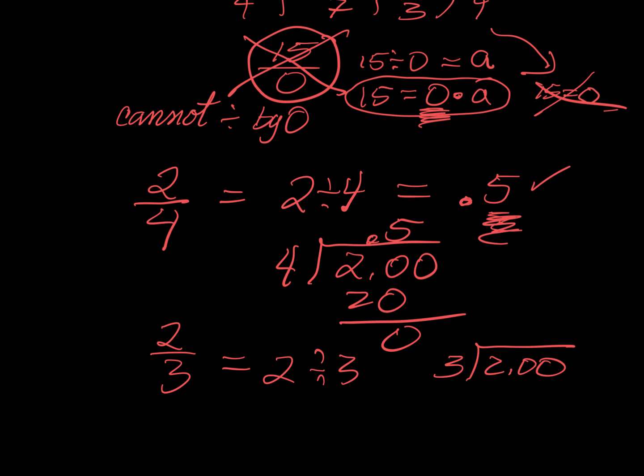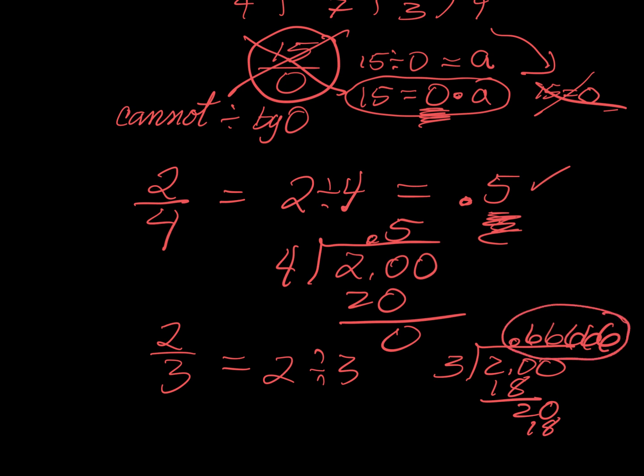If we start to do that, it goes into 20, 6 times. We have 2 left over. Bring down the 0 and we get 20. It goes 6 times. And we go on and on and on, and the same pattern happens, and we get a repeating decimal.